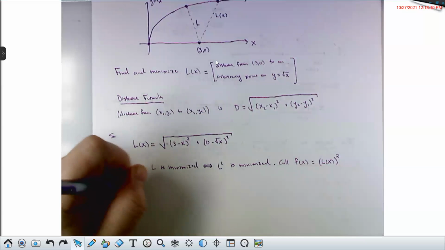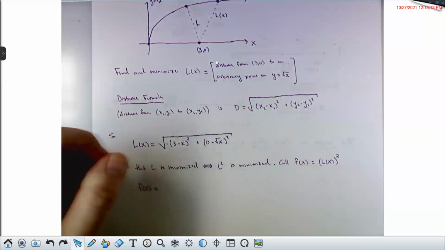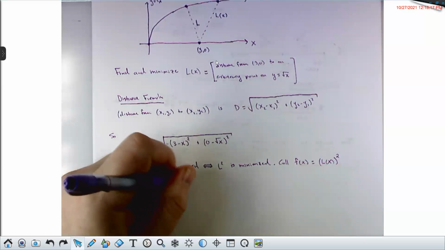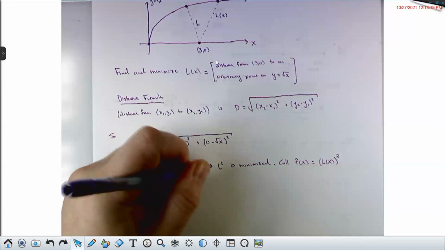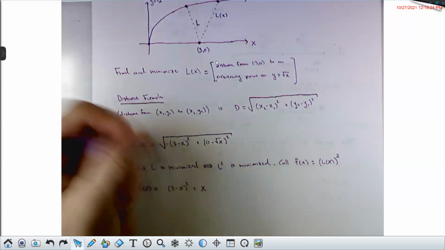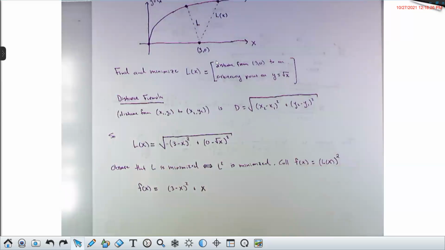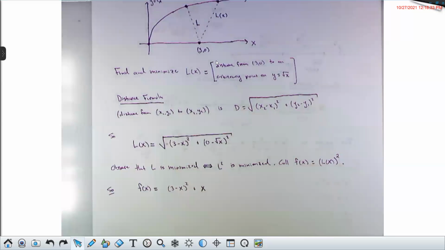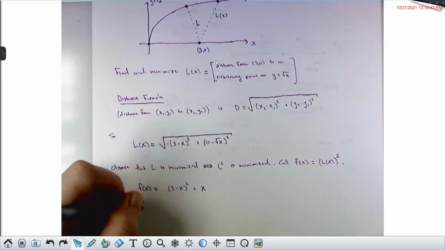So then f of x is this thing without the square root, which is 3 minus x squared plus the square root of x squared, which is just x. And then if I want to minimize L, it suffices to minimize f. F can be minimized very easily.